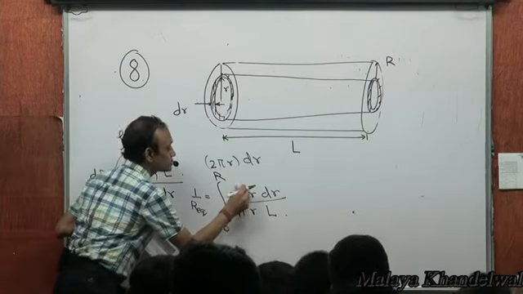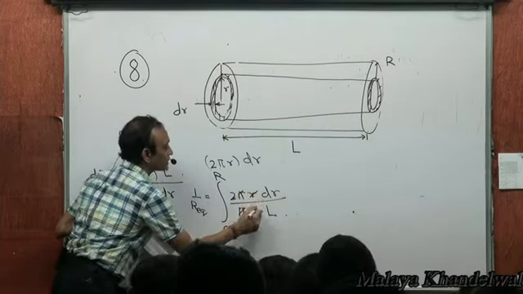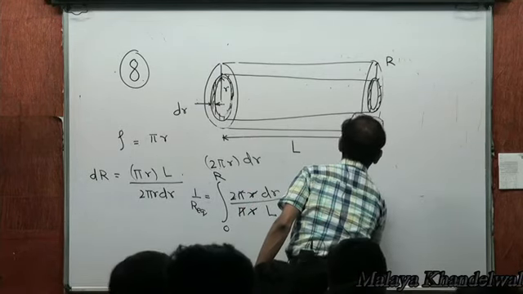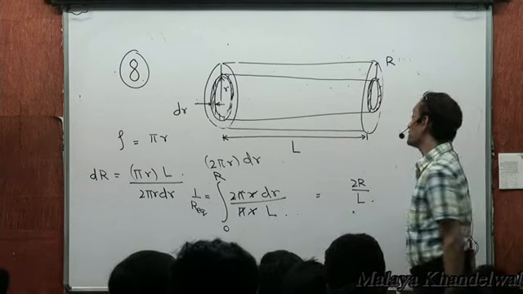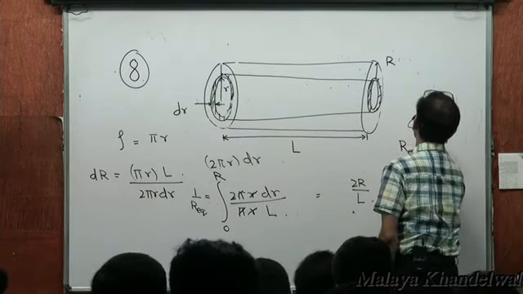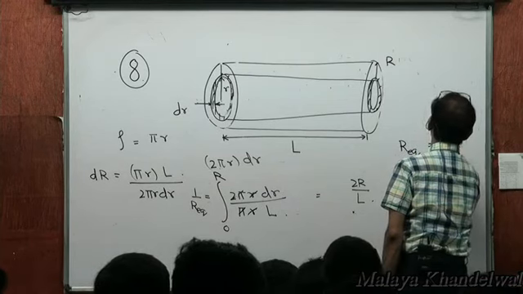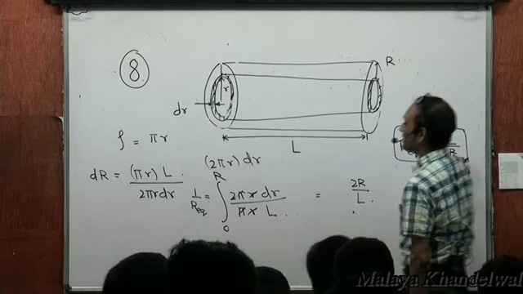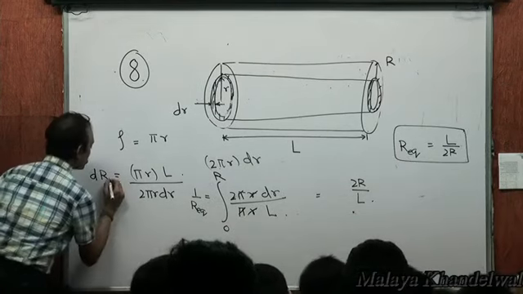This gets cancelled, 2 will stay, r will get cancelled. So this is like 2R by L, which would be the reciprocal of the resistance. The equivalent resistance then is going to be L by 2R, whatever that turns out to be. And this R is the radius, and this of course is the resistance.